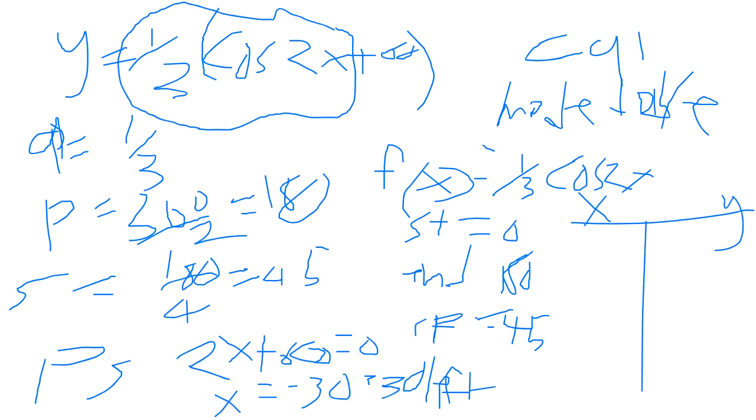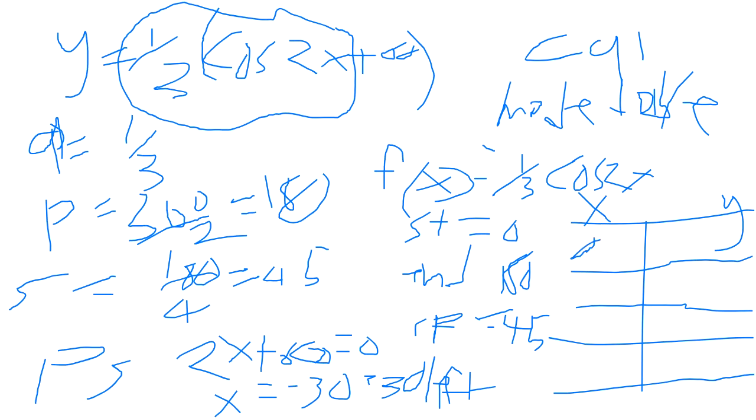Your first point is going to be 0. Second point is going to be 45. Third point will be 90. Fourth point is going to be 135. And last point is going to be 180.